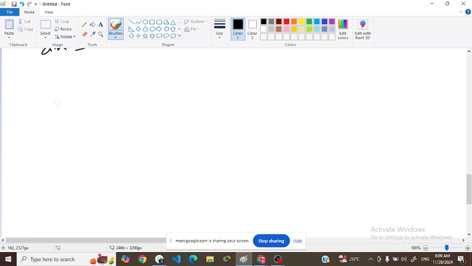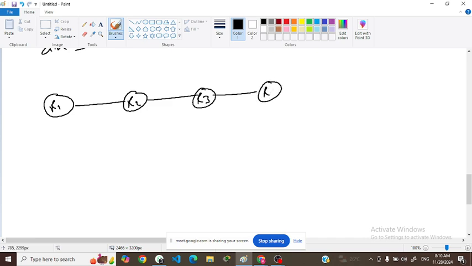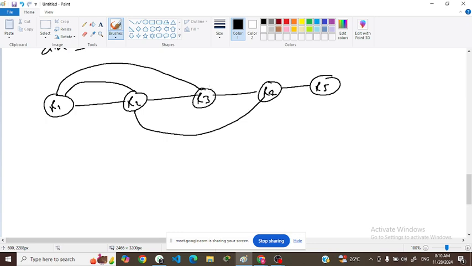Let's suppose this is the 10th network, 10.0.0.0/30.